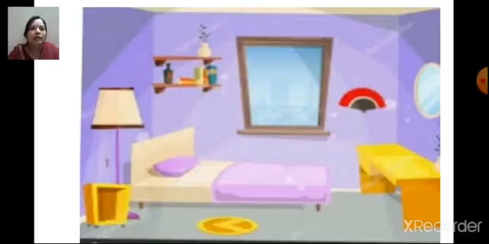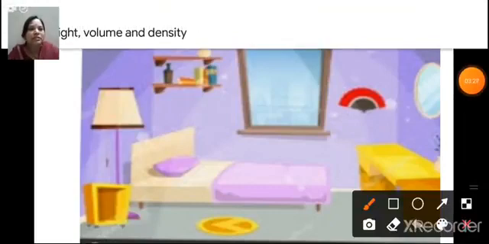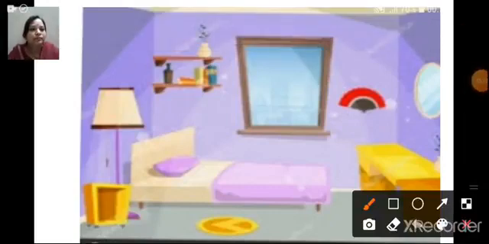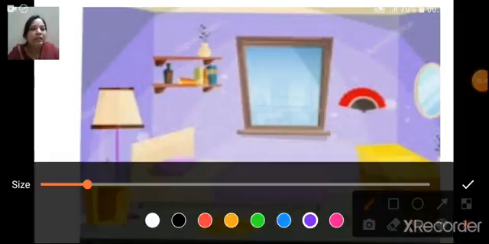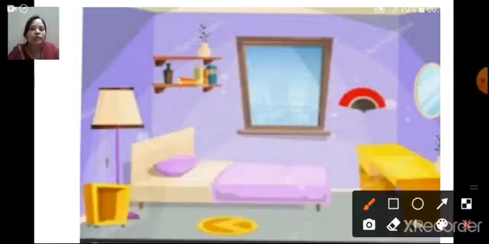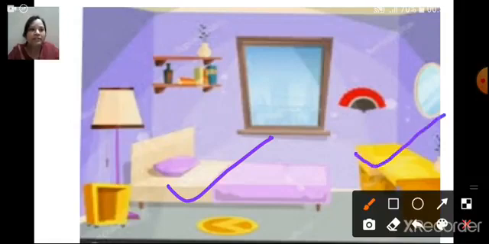Now, in this picture, can you tell me the volume of which thing is more and the volume of which thing is less? Let us arrange the things which you can see in the order of decreasing volume. At number 1 the volume of the bed, then this desk, then the smaller desk and then the lamp.